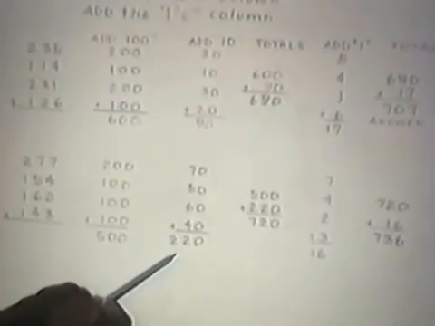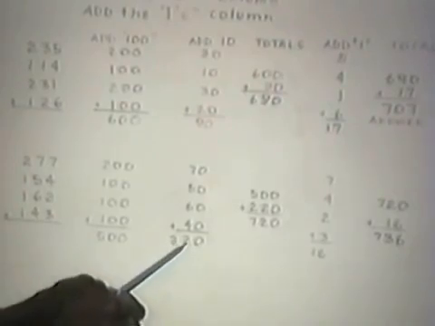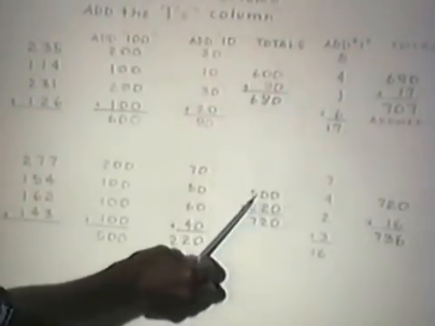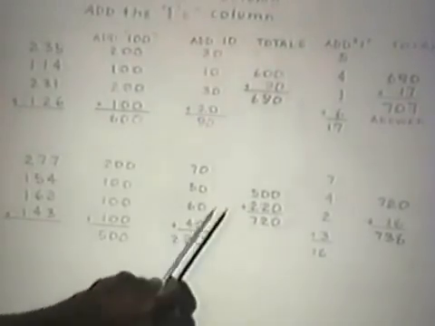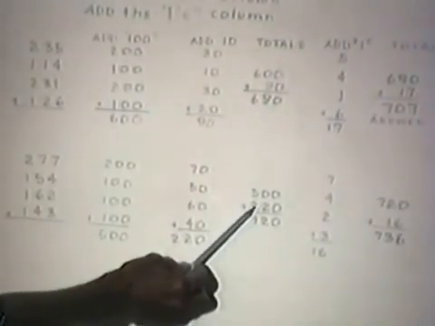143 plus 162 plus 154 plus 277. We add the hundreds column, we get 500. We add the tens columns. That's 220. 220 plus 500. We add them both together, the 100 column and the tens column. We get 720.